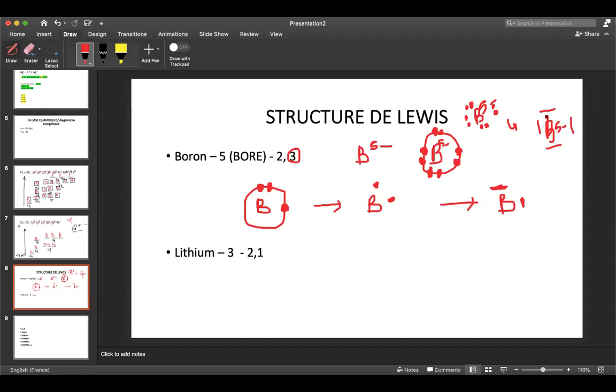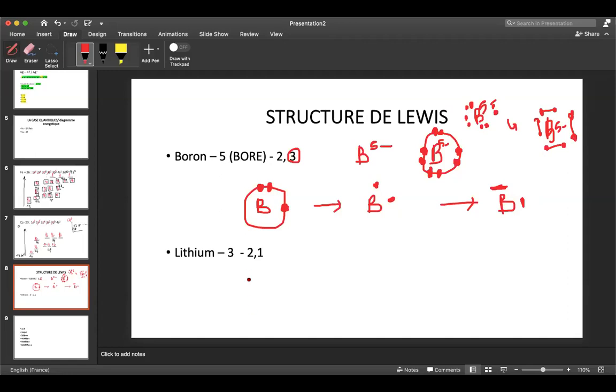It's the same thing. It's just that there's one there, there's another one there, one here, and another one there. So this here, this here, this here is the same thing. They're all called Lewis structures.